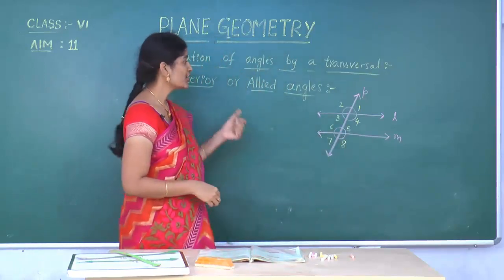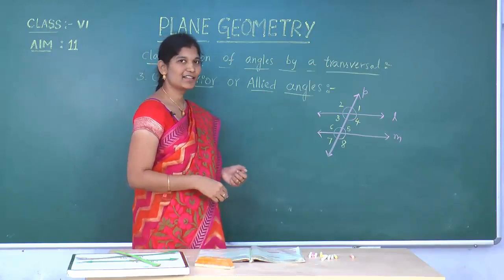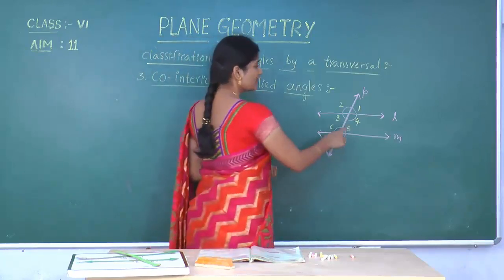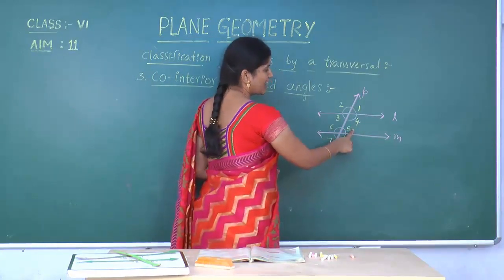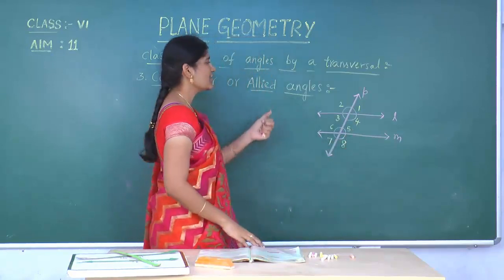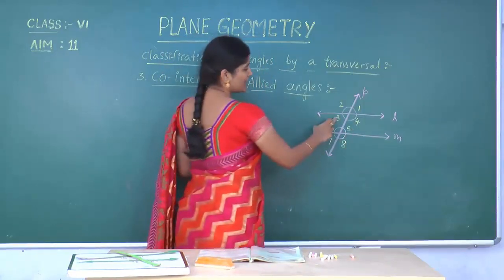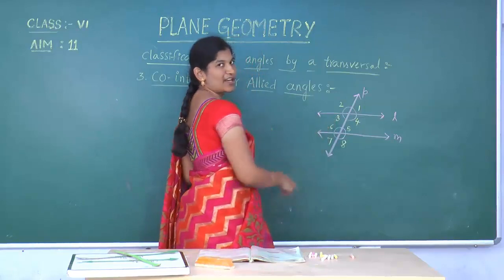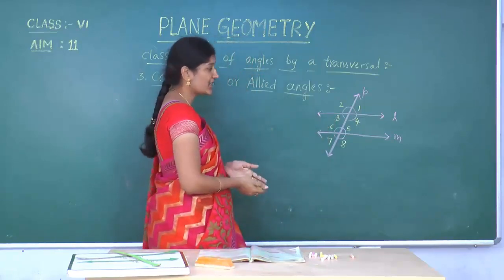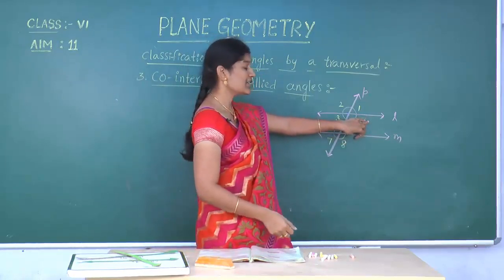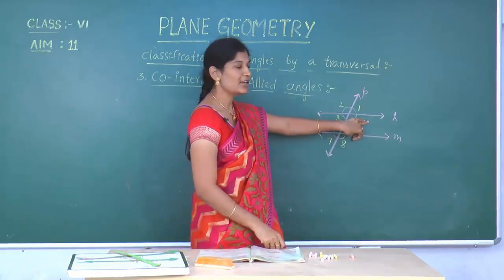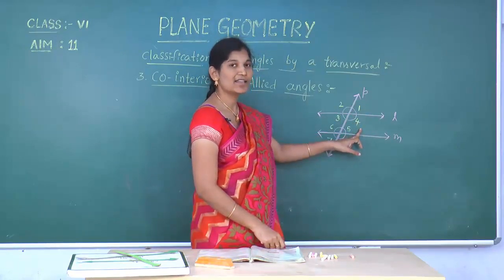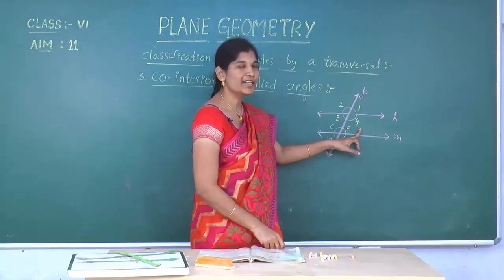Among them, what are co-interior or allied angles? See here, 4, 5 are said to be co-interior or allied angles, and here 3, 6 are also called so. What is the specialty? If you add the co-interior angles which are lying on the same side of the transversal, the sum should be equal to 180 degrees.